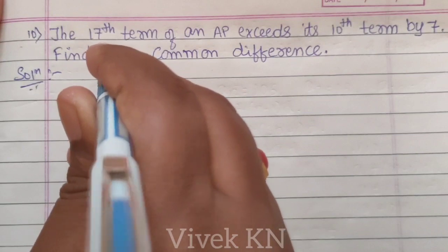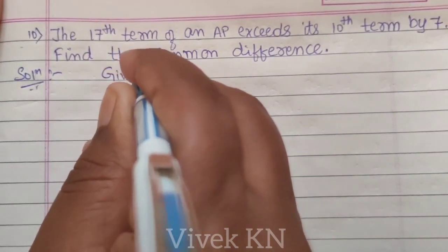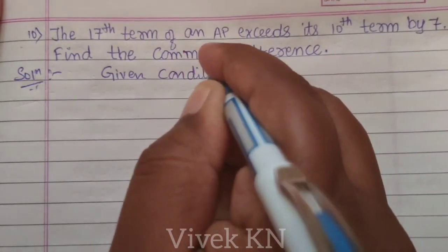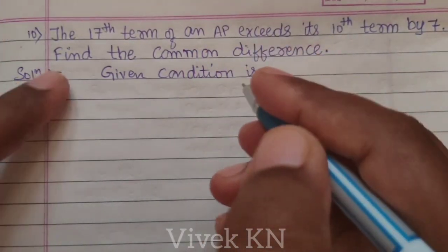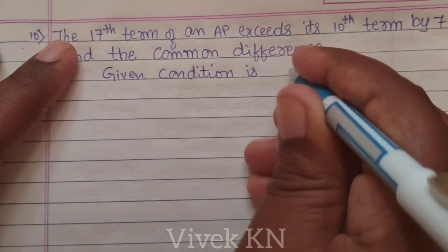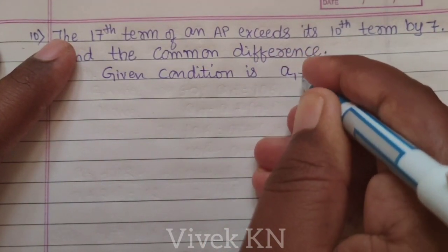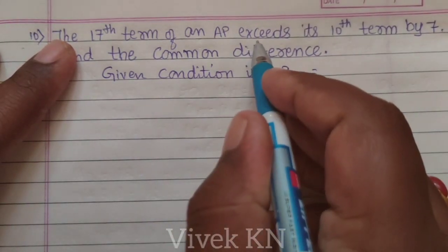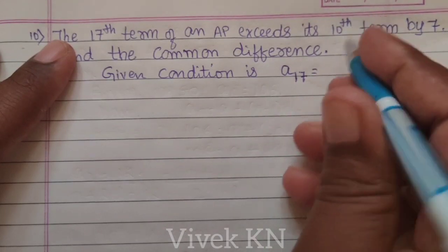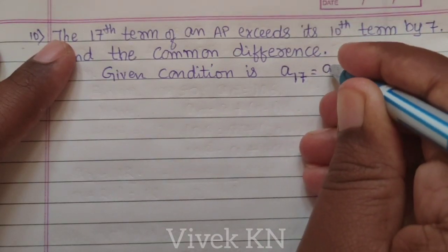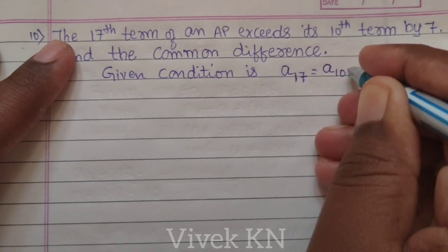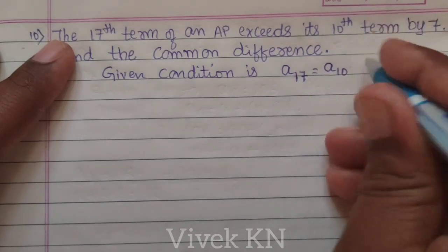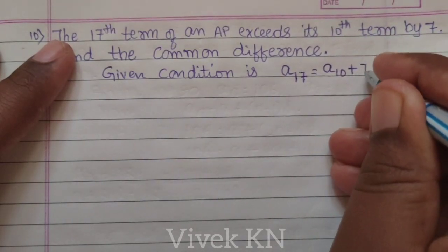The 17th term of an AP, that is A17, exceeds its 10th term, that is A17 is equal to A10, exceeds its 10th term by 7, that is plus 7.